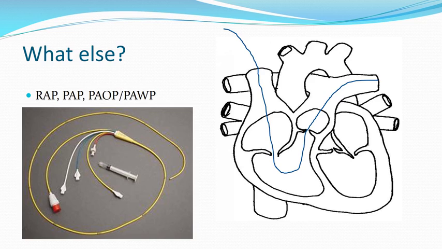We can even get a pulmonary artery pressure, and we can get what's called a PAOP, or the pulmonary artery occlusive pressure, also known as the PAWP, or pulmonary artery wedge pressure. We will get into these details in class, but begin to think about why these pressures might be helpful, and also what kinds of risks there might be when you put a catheter into somebody's heart.